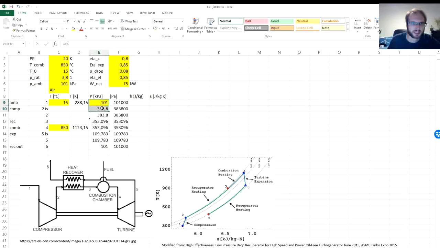So we have pressures in the whole system, and now let's get to the rest.